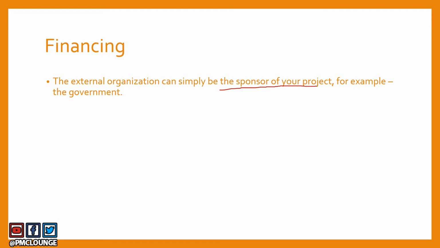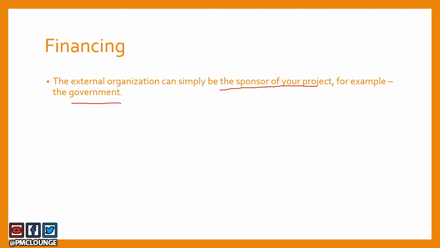So, for example, the government could be an external organization that acts as a financer or as a sponsor for your project. Let's say you're a construction based company and you've just got a contract for the construction of a bridge, and you are being paid by the government. So the government is obviously an external organization.